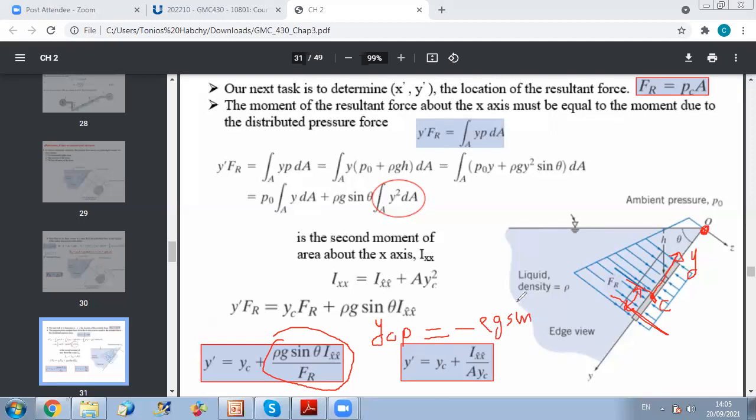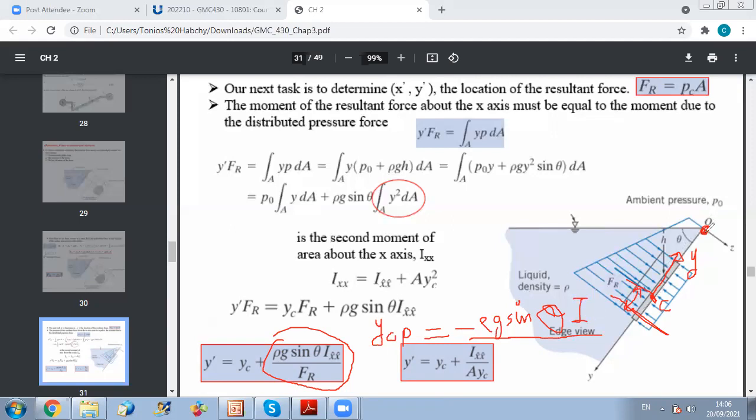I need you to know both because in some books you will have this formula, in other books you will have this one. It's the same thing, we are just changing the reference of y of the point of application. But whatever frame we take, at the end we should obtain the same location.